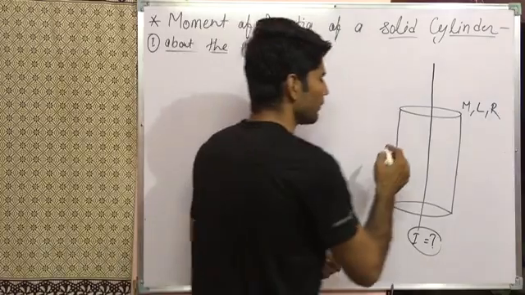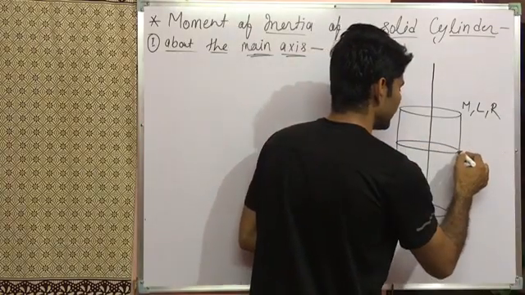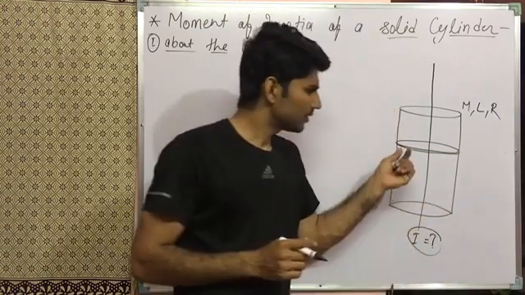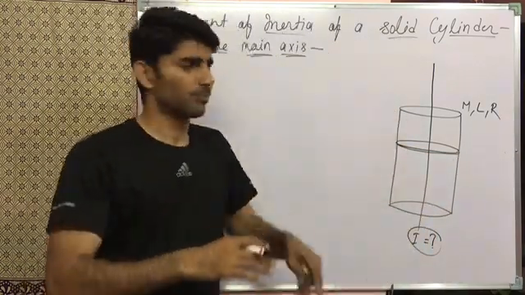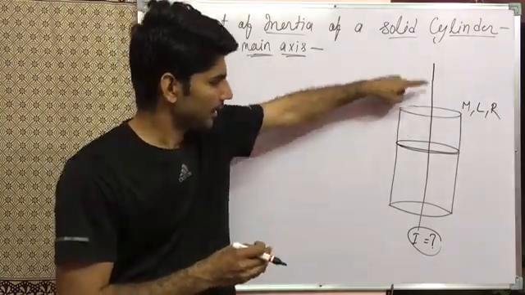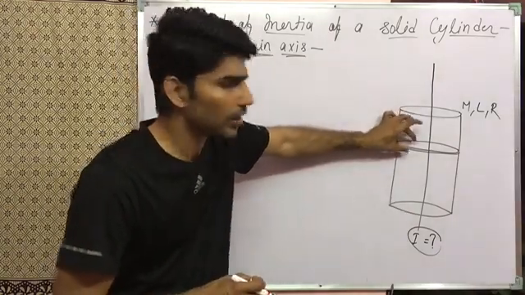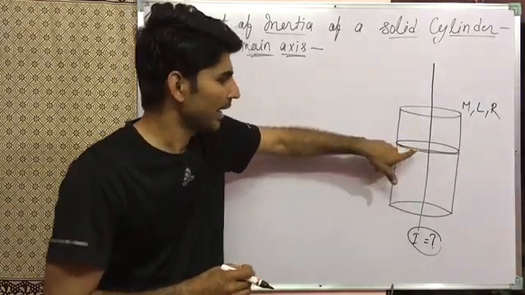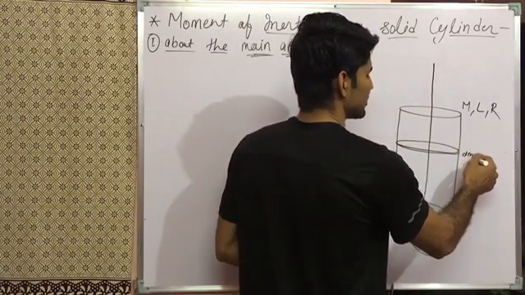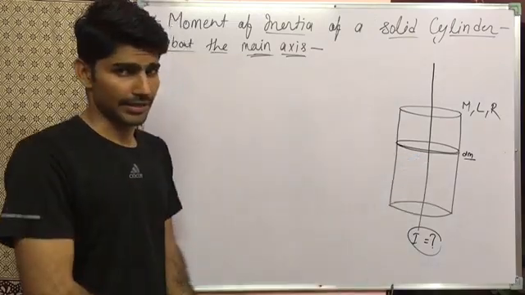So here we take a small mass component as a disc, and so we can assume that this cylinder is made of many discs whose centers are on this axis. So I take a small component as a disc, and assume that this disc has a small mass dm, which is distributed over this area.